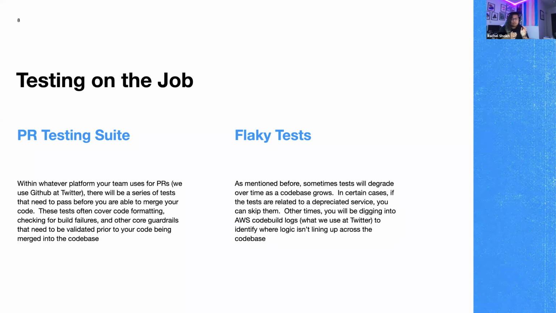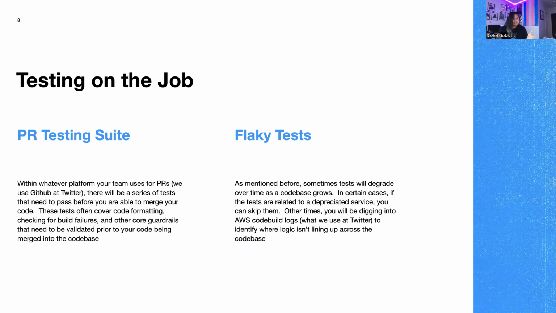So these can be anything from formatting your code to different AWS integrations to actually running it through your code deployment pipeline in a sort of dev environment to make sure that everything is lined up correctly so that when you do merge your code into the larger code base, you're pretty sure that nothing's going to break and fail, and you won't have to revert that merge.